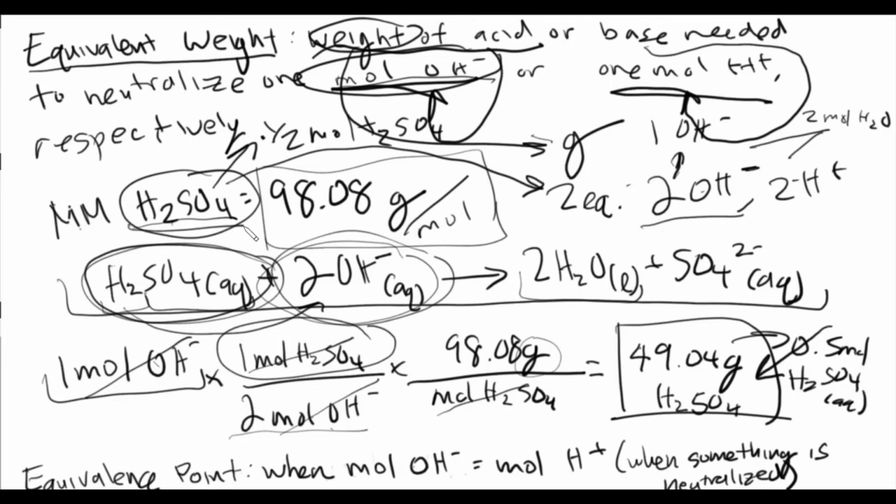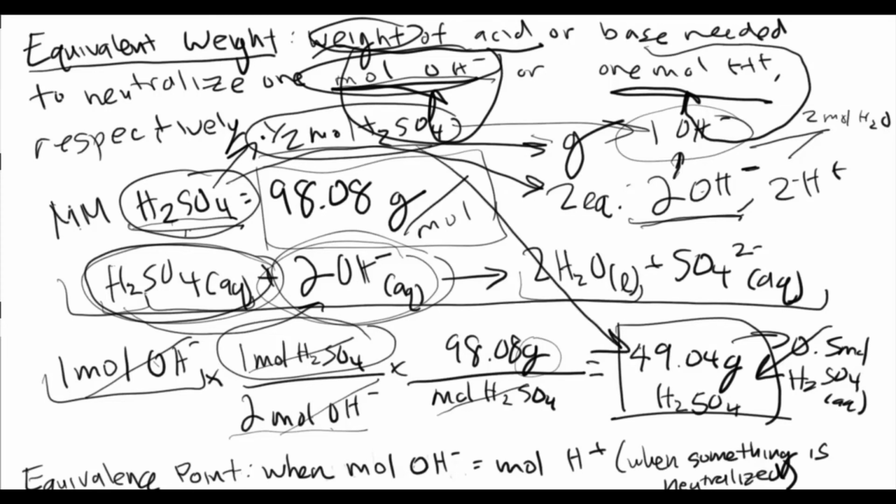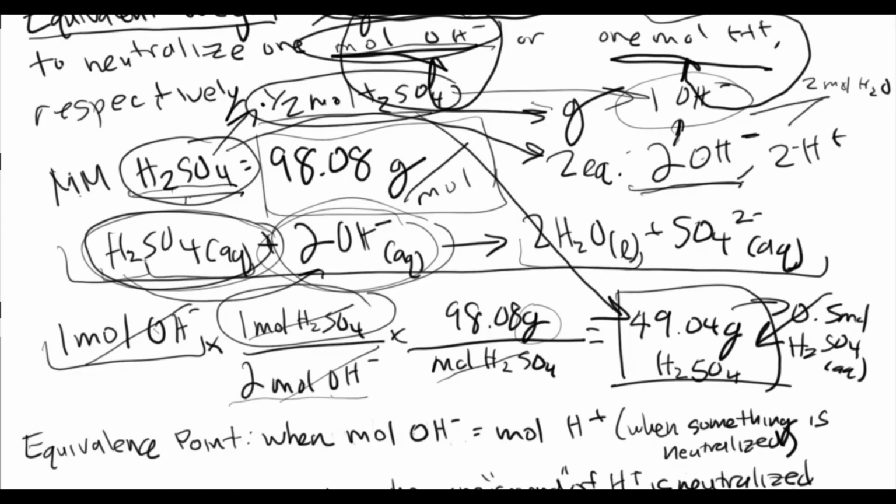If 1 mole of H2SO4 reacts with 2 moles of OH minus, then half a mole of H2SO4 will react with half as much, or 1 mole of OH minus. So you could have just taken this 1/2 mole of H2SO4 and converted it into grams. There are a lot of ways to do this, but that's the idea.